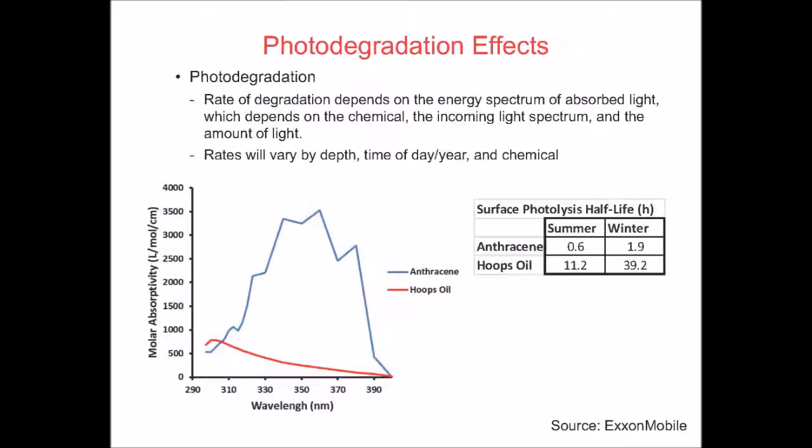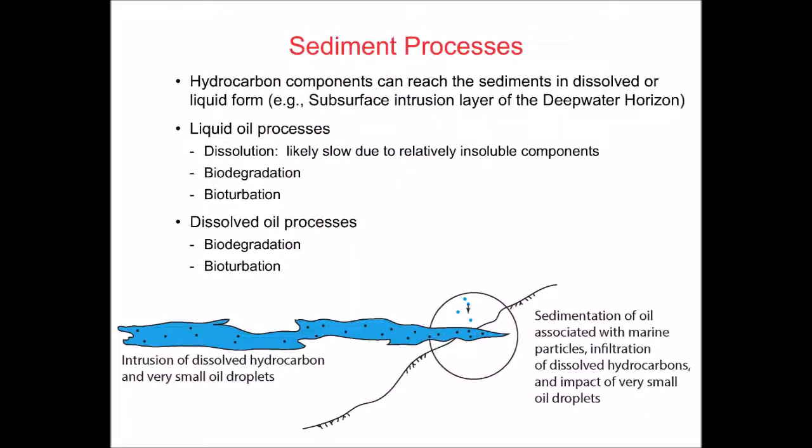The blue is supposed to indicate the dissolved hydrocarbons, and the black dots are very small oil droplets that don't have a high enough rise velocity to have gone much higher than this layer by the time it reaches the sediment. And so this can then just flow directly into the sediment if that's the flow field that's occurring at this location. It can transport then dissolved hydrocarbons into the sediments, and it can transport small oil droplets that will probably be filtered and accumulated by the topsoil of the sediments.